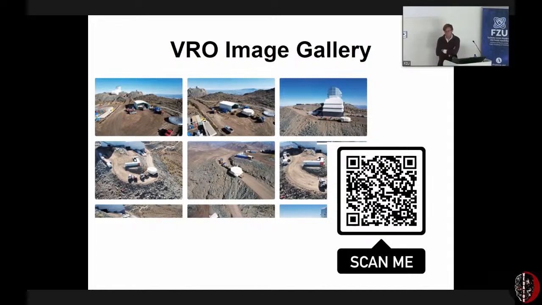Then we have Ivana Ebrova, and she's involved in the research of galaxies and special types of galaxies, and she can tell definitely much more than I can about this particular topic. And then we are still also active in the so-called Dark Energy Science Collaboration, which deals with one of the main goals of the whole project, and this is determining the nature of the dark energy in the universe.